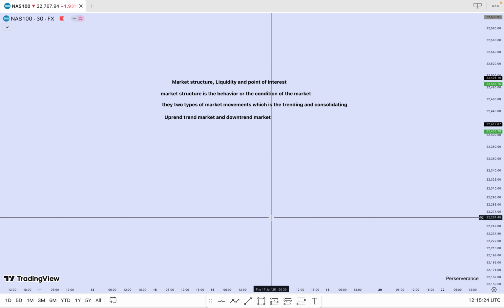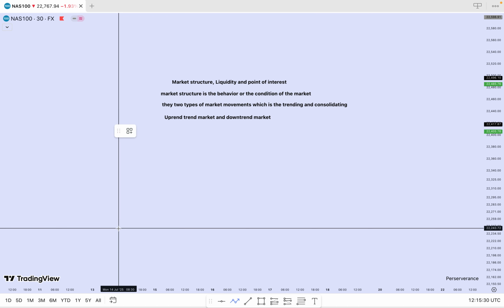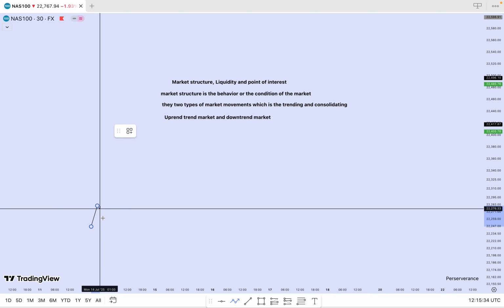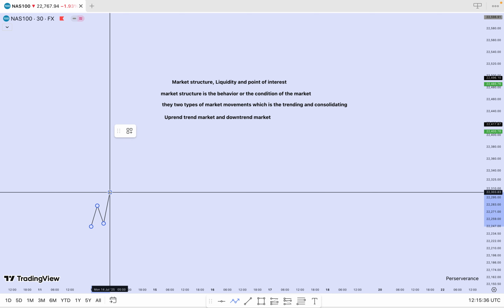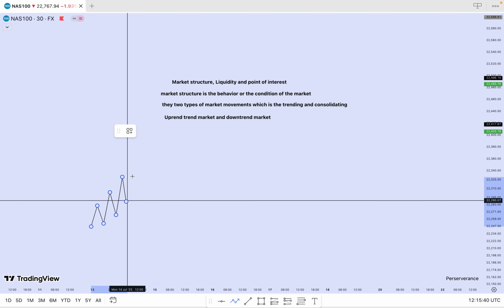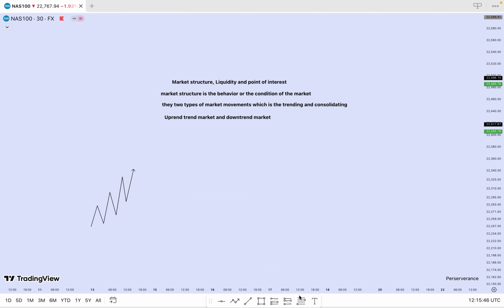Now, how to identify if the market is in an uptrend or a downtrend or a consolidating market? If market is in an uptrend, market creates higher highs and higher lows. This is how we know that price is in an uptrend.